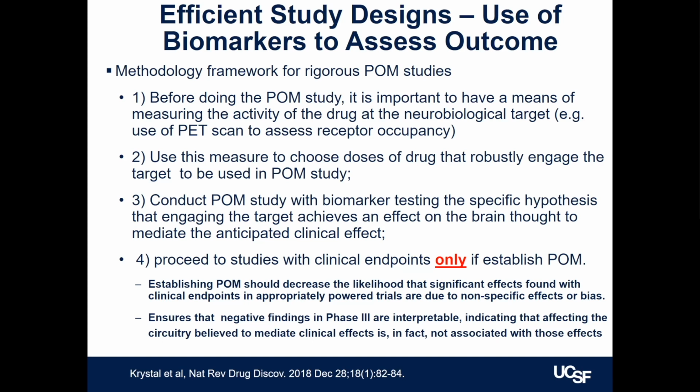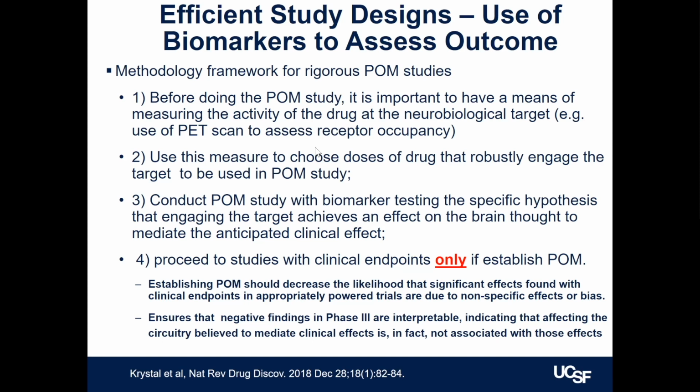So the idea literally is, if you establish proof of mechanism, so let's say you give a person a 5-HT2A antagonist and it changes dorsolateral prefrontal cortex neuronal function as measured by EEG or fMRI or an MRI or something like that. Then you say, yes, it looks like what I thought was going to happen, and should happen, that I think mediates a clinical effect, did happen.